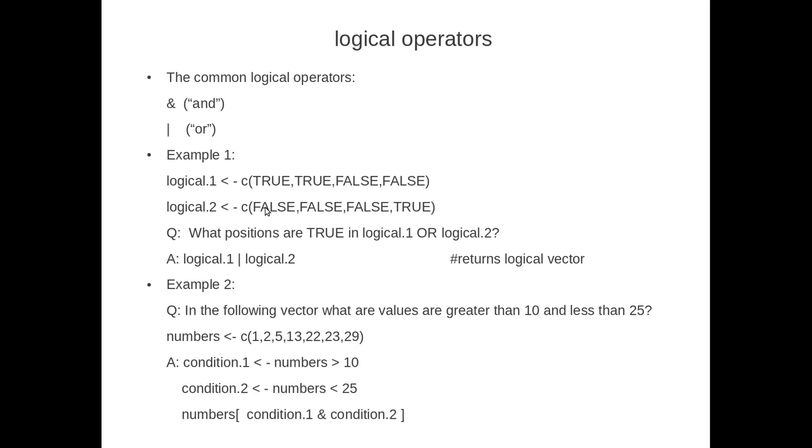The first position meets the condition, the second position meets the condition, the third does not, the fourth does. So how do we code that in R to return a third logical vector that has two trues, a false, and a true? Well, the answer is that you use the logical operator or: logical.1, logical.2 with the or operator in between.